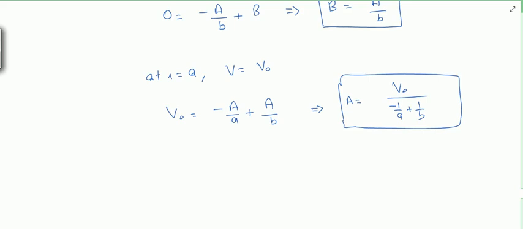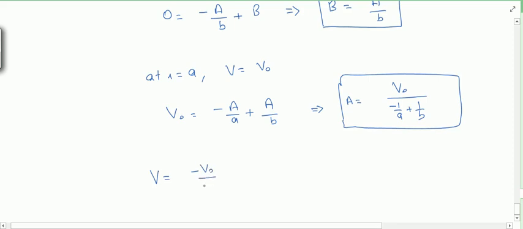So if you put the values of A and B in the expression of V, which was minus A by r plus B, this will be minus V naught by r into 1 upon b minus 1 upon a, plus B, and B is nothing but A by b. So I have to write V naught by 1 by b minus 1 by a again, with a 1 by b.